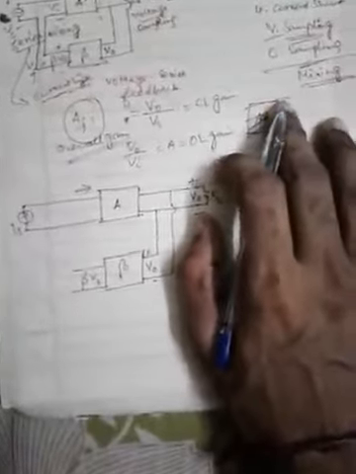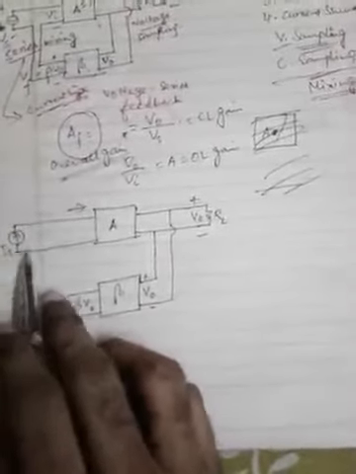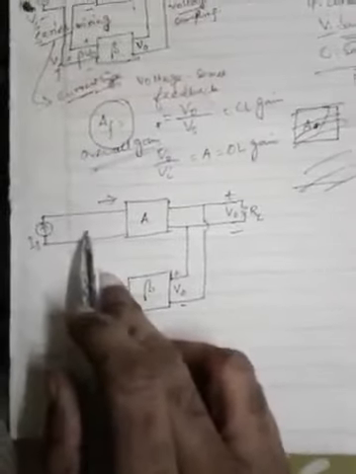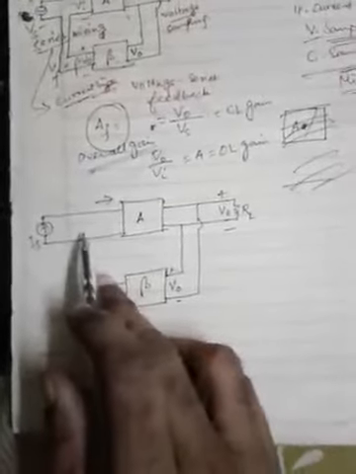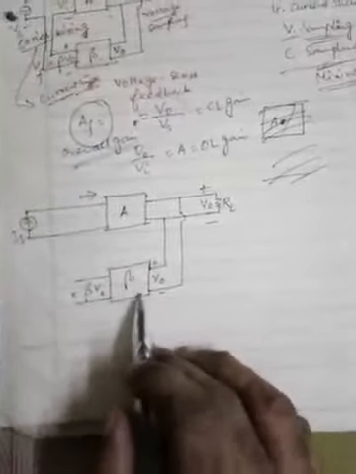And this beta VO is nothing but IF, because since we are providing the input in terms of current to the basic amplifier, the feeding back should also be in terms of current. We cannot feed back in terms of voltage, in spite of having voltage at the input of the feedback network.